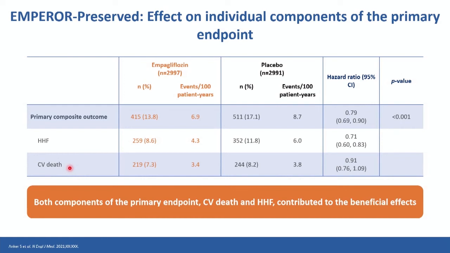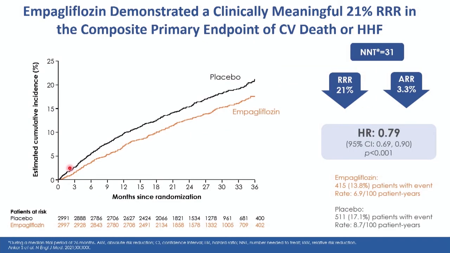and heart failure hospitalization, contributed to the beneficial effects. Now, if we take this graph, you will realize that it has a 21% relative reduction in the composite primary endpoint of cardiovascular death or heart failure hospitalization, with a significant p-value.